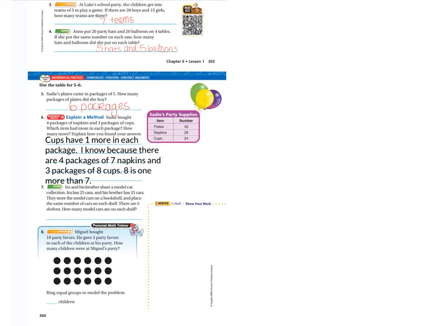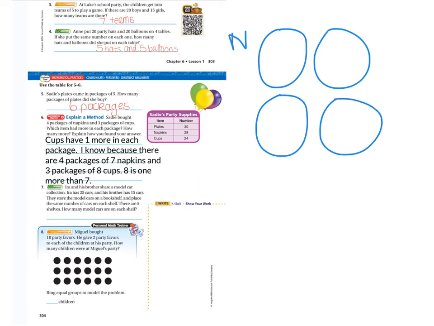To make this problem easier, it is very important that you take it step by step and read very carefully. So when I did that, the first thing I noticed was that for napkins, there are 4 packages. So I drew that out. And then I realized there were 3 packages of cups.